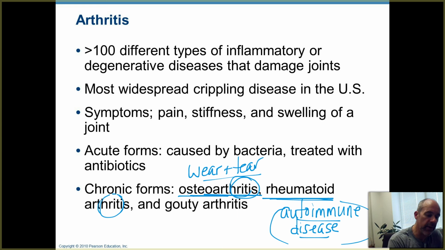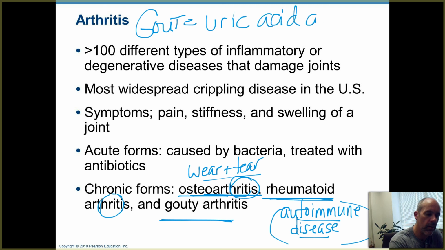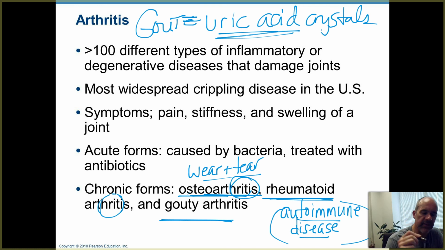And then finally, gouty arthritis. Gout is caused by uric acid crystals that get deposited in joints. Uric acid is a waste that is derived from nucleotides.